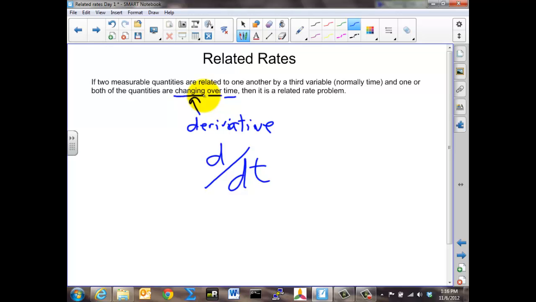So you'll be taking the derivative of the radius with respect to time, the derivative of the area with respect to time, the derivative of the position with respect to time. That's what you'll always be looking for. So all of our derivatives are going to be implicit differentiation, okay? Everything will be a derivative with respect to time as we deal with it.